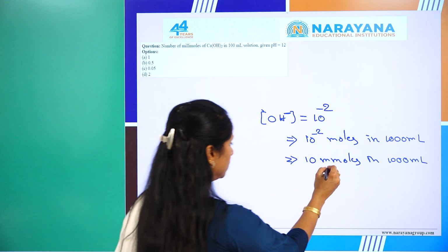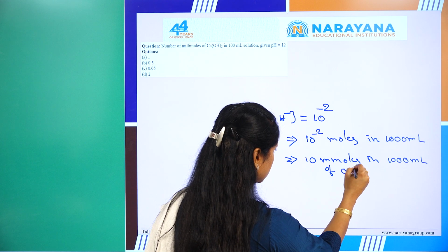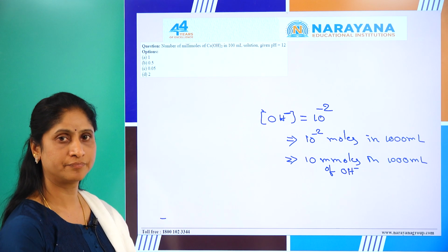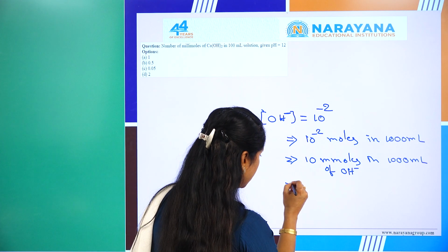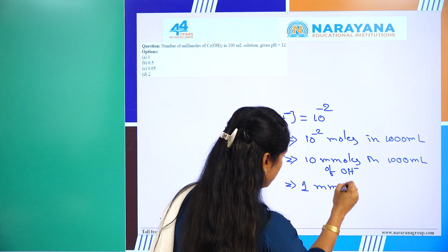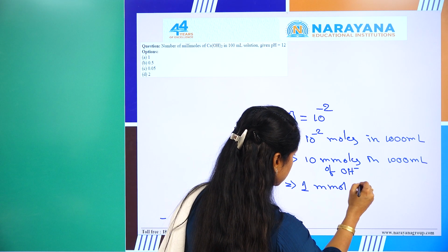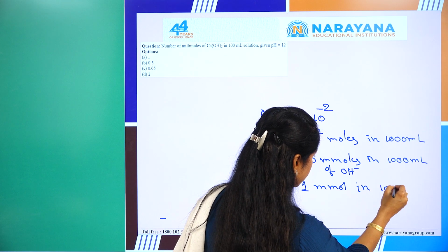So 10 millimoles of OH minus in 1000 ml. They are asking in 100 ml. So therefore obviously I have 1 millimole of OH minus in 100 ml.